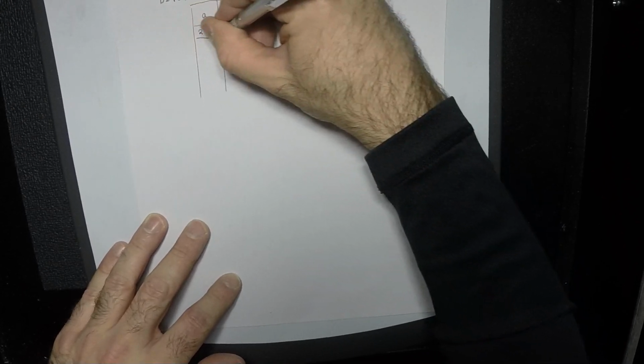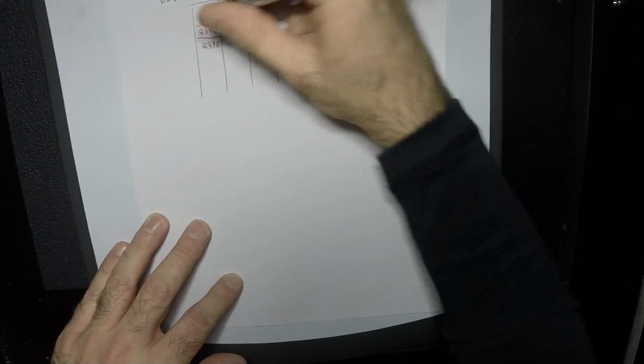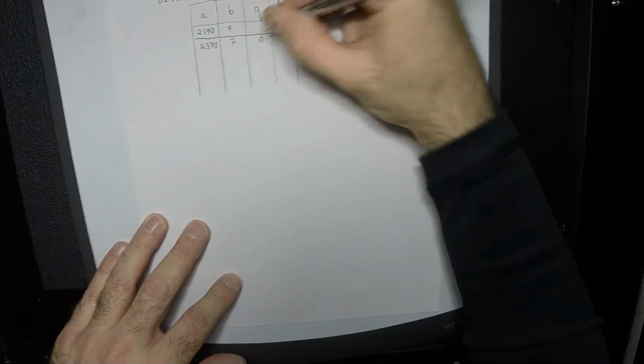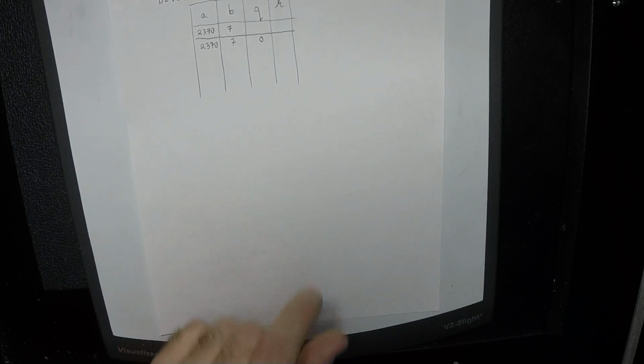We'll start out by saying, currently I've taken away no groups. So Q represents the number of groups we've taken away.